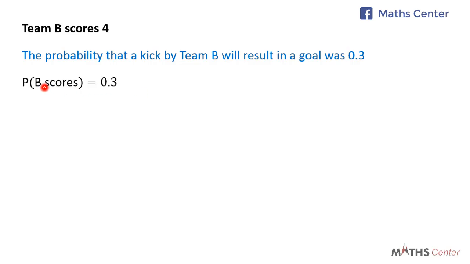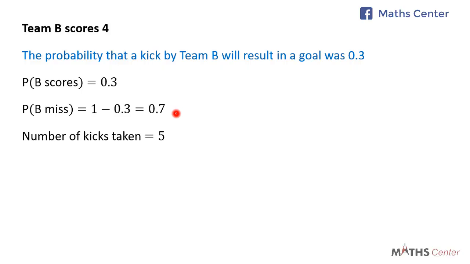So if we have the probability that team B scores to be 0.3, then we can say that the probability that team B misses will be equal to 1 minus the probability that team B scores, which is 0.3. 1 minus 0.3 will give us 0.7. So the probability that team B scores is 0.3 and the probability that team B misses is 0.7.